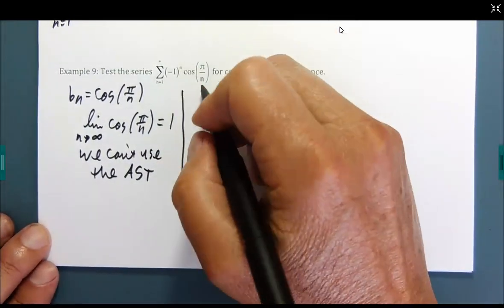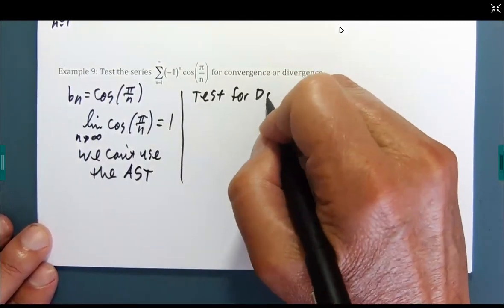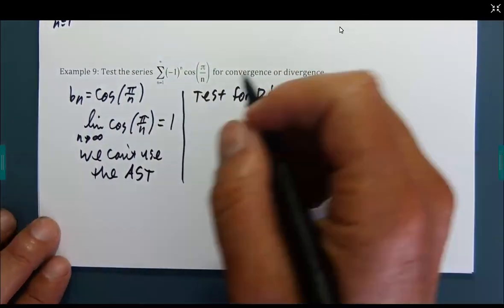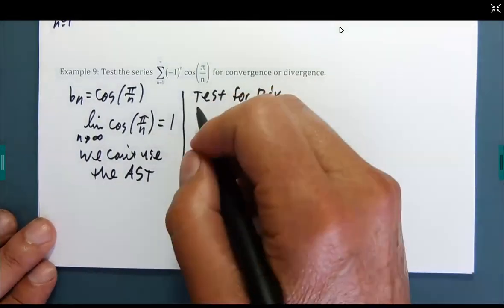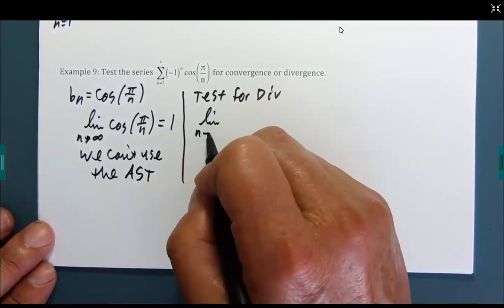And once again, test for divergence to the rescue. All right. And so we're going to take the limit of the whole thing.